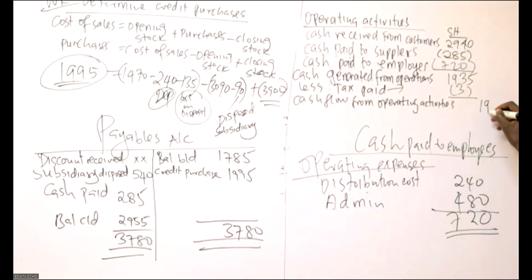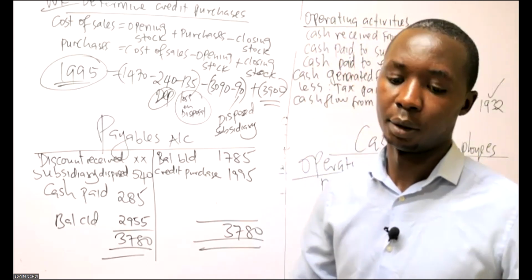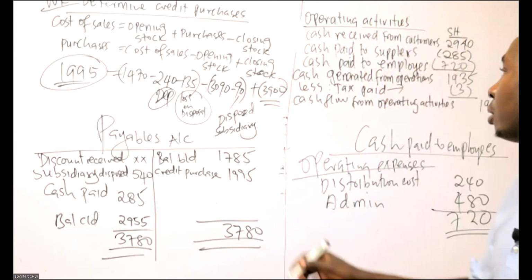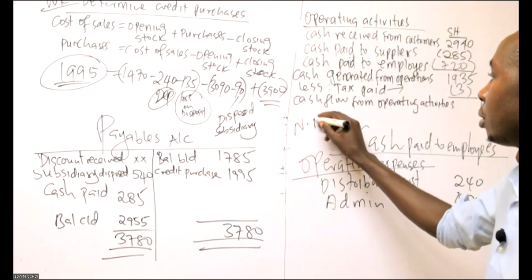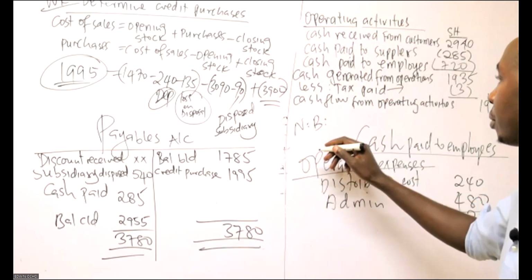So meaning that this is 1932. Is it not the same as the one we did in the indirect method? See, they're the same. So we got this. When we did the indirect method, our operating activities was 1932. I'm asking you guys.